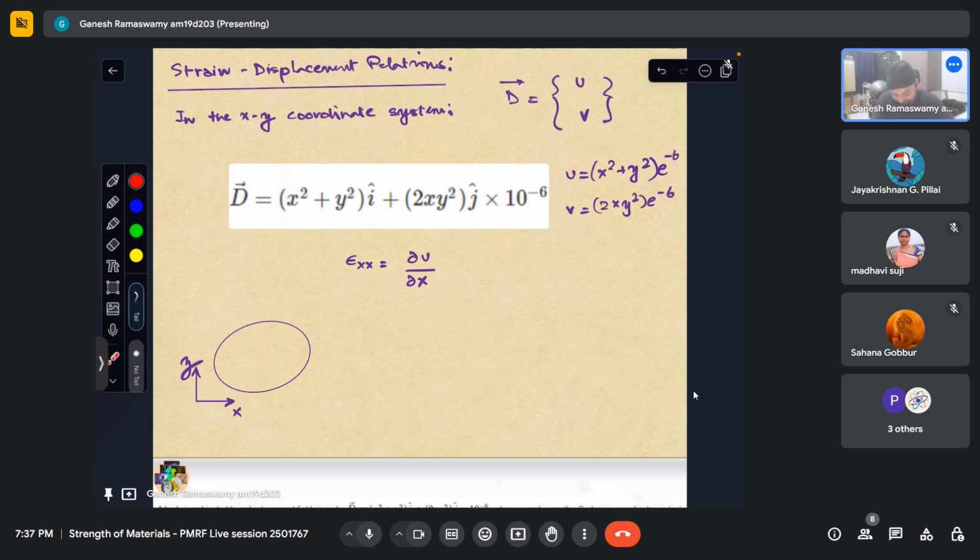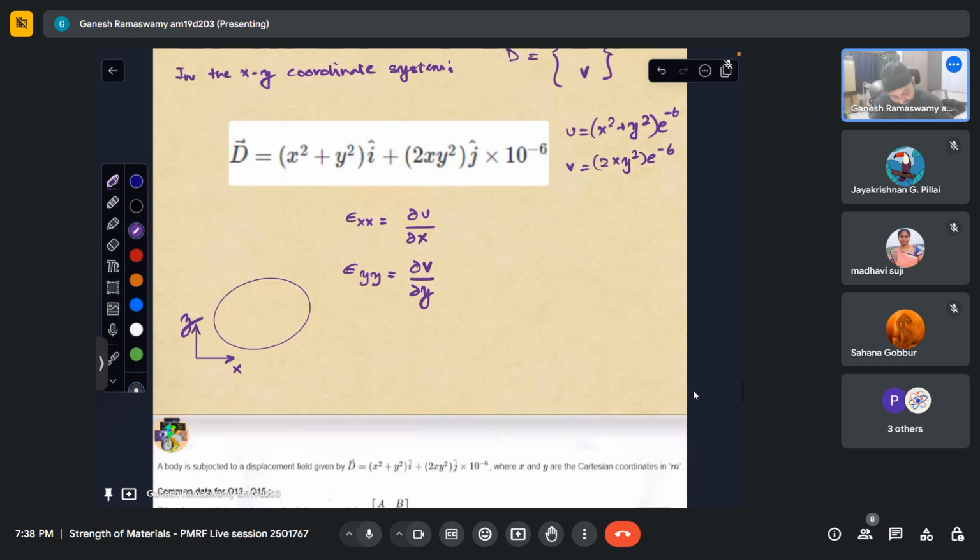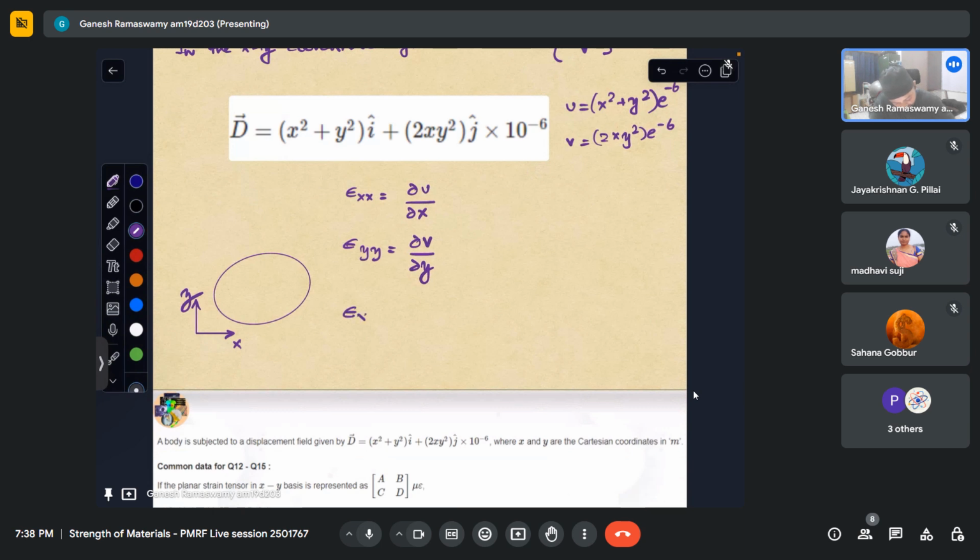Similarly, epsilon yy is dou v by dou y, and epsilon xy is half of dou u by dou y plus dou v by dou x.